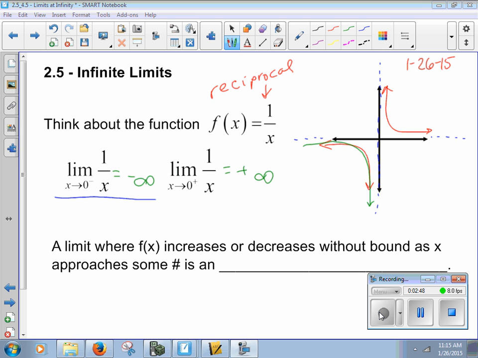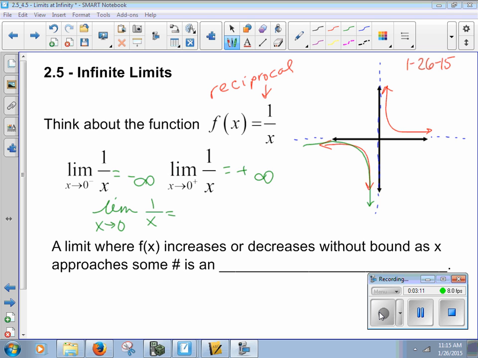You know where I'm going with this. If I found the left-handed limit and I found the right-handed limit, what am I going to find next? The limit as x approaches 0 of 1 over x.